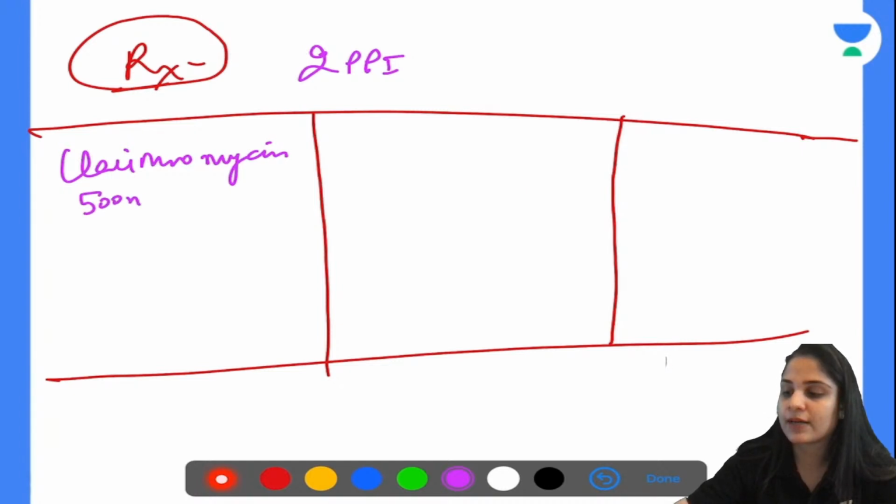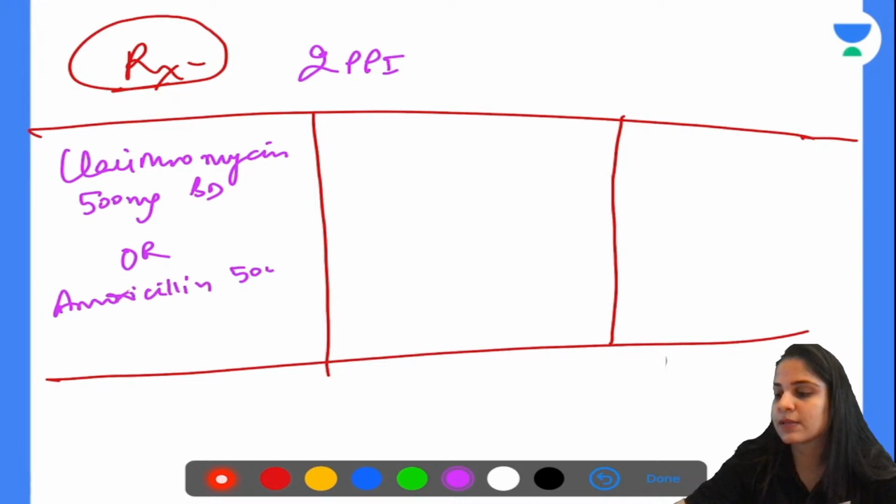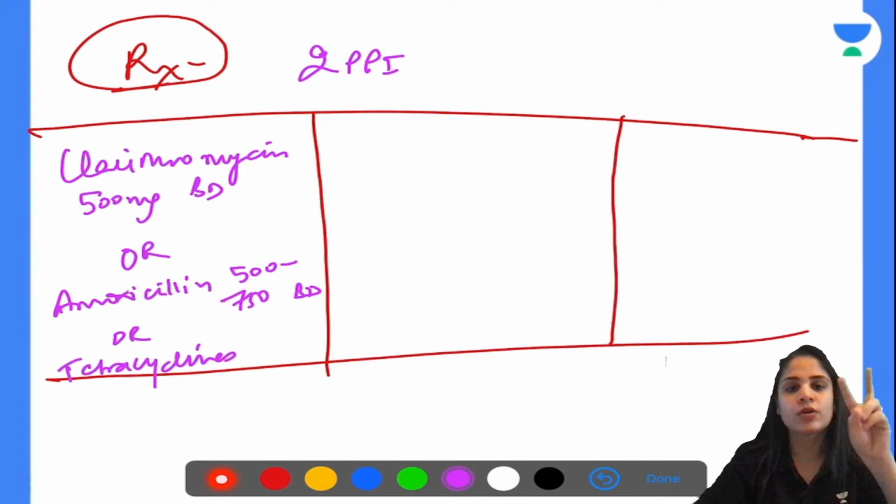Okay. So 500 mg BD of clarithromycin, or instead of clarithromycin, you can give amoxicillin. Okay. How much amoxicillin will we give? Same 500. Just remember 500. It's actually 500 to 750, but you can remember the same 500 BD. Okay. Or you can also use tetracyclines. So this is the first one along with the PPI.